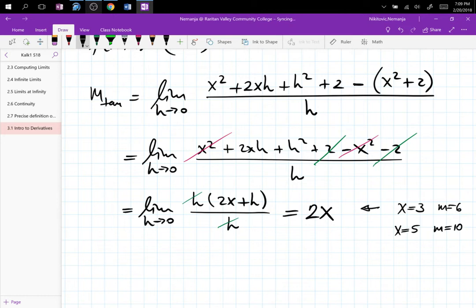There, 2 times 3 is 6, 2 times 5 is 10. Now you can ask any slope. I have a formula that will generate every single one of them for this particular function. So remember how I wanted -4? Great. m is -8. I also talked about 248. m equals? Very good.